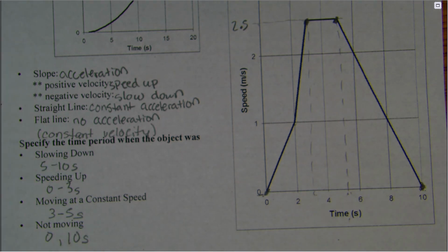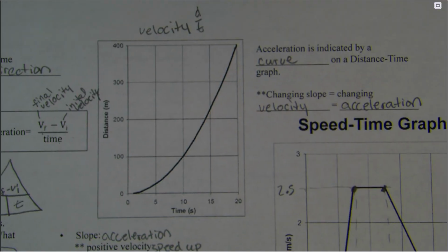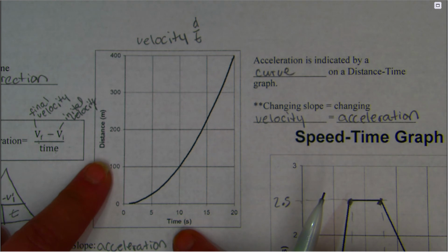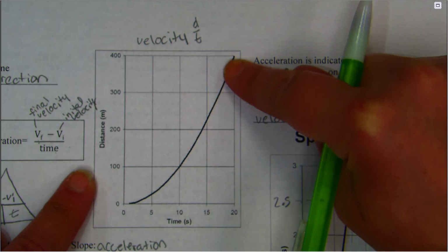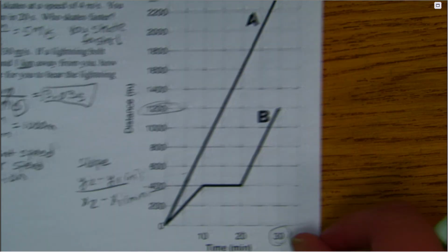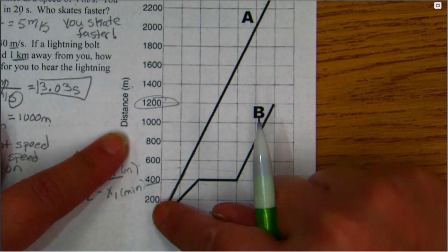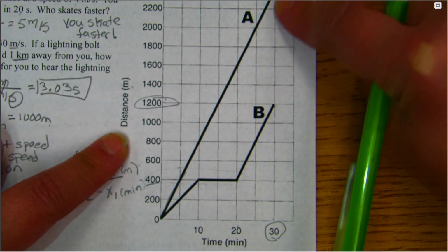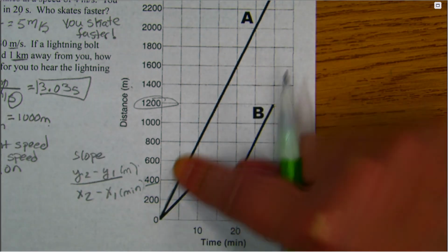So a lot of things we can determine about a distance versus time graph and a speed versus time graph, both in terms of acceleration. If it is a distance versus time graph, in terms of acceleration, you will see it's a curved line. Remember from a previous lesson, a distance versus time graph, if it was a straight line, it meant constant velocity.